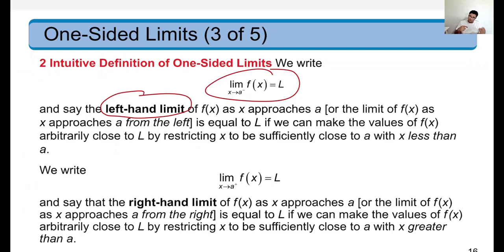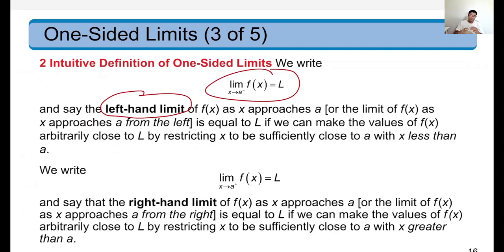How? By choosing values of x sufficiently close to a but less than a. That would be from the left. And similarly, the right-hand limit, by choosing values of x sufficiently close to a but more than a.